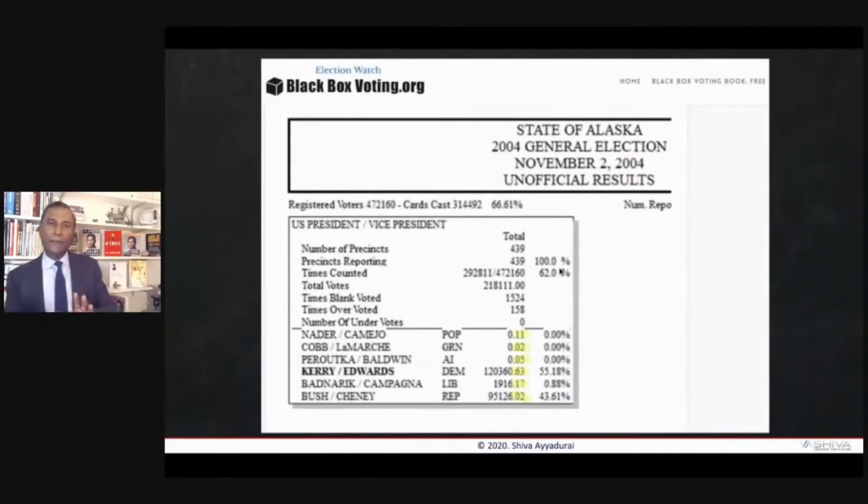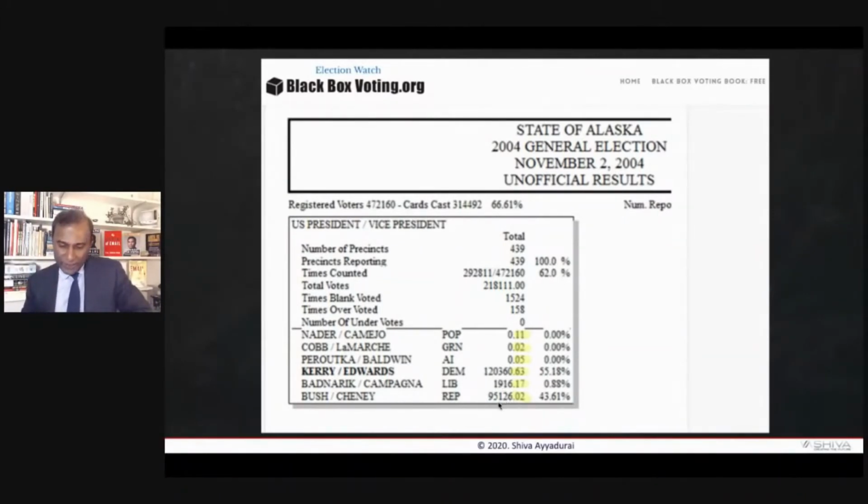And then by a FOIA, they got an actual vote that took place with the GEMS Diebold system, the Alaska race in the 2004 general elections when John Kerry ran against Bush. And what you see here in the actual vote count is Kerry did not get 120,360 votes, but he got 120,360.63 votes.